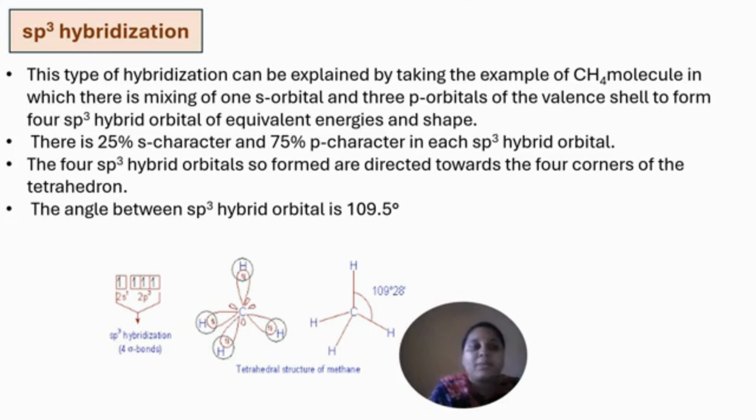There is 25% s character and 75% p character in each sp3 hybrid orbital. The four sp3 hybrid orbitals which are formed are directed towards the four corners of a tetrahedron, and the angle between the sp3 hybrid orbitals is 109.5 degrees in the case of the CH4 molecule.